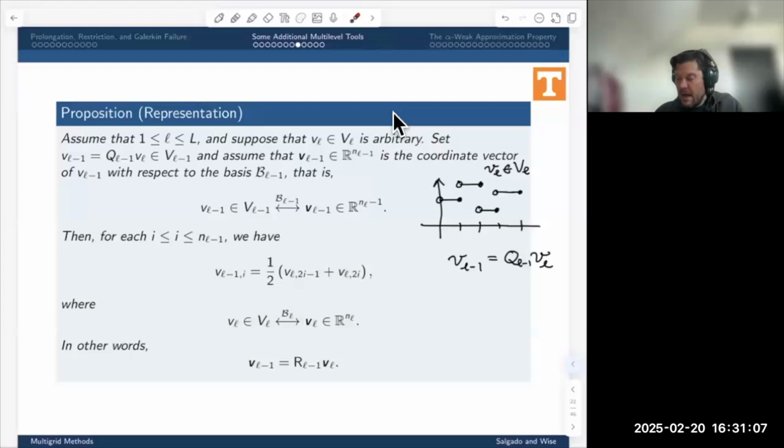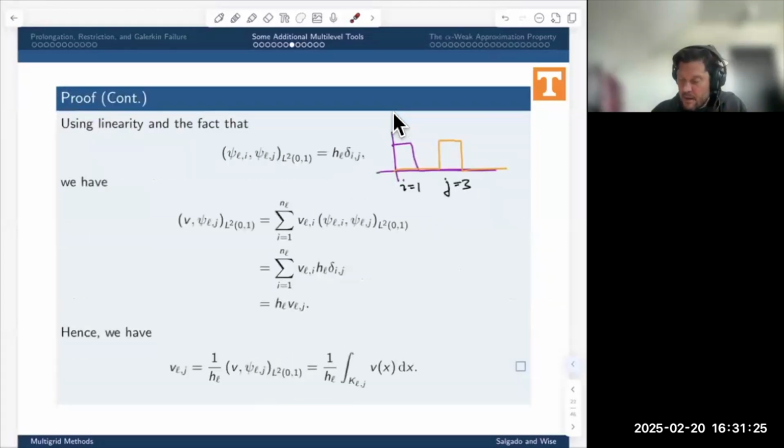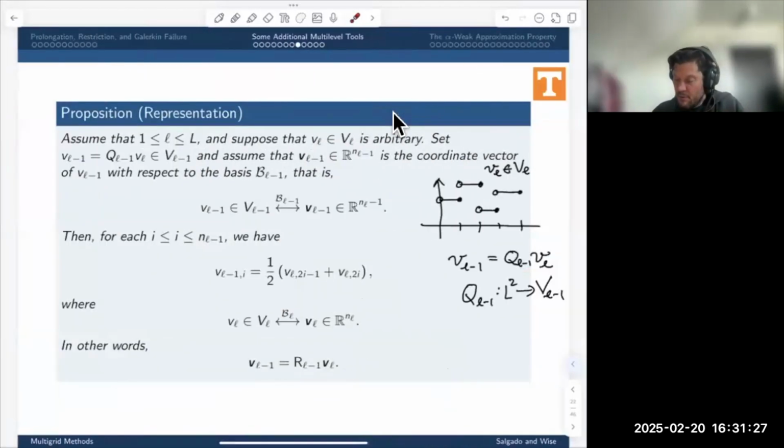Okay, so what happens when I apply this operator? This operator takes any L2 function and moves it into VL minus 1. QL minus 1 takes any L2 function and pushes it into VL minus 1. So all we're doing here is matching up this index with that index.